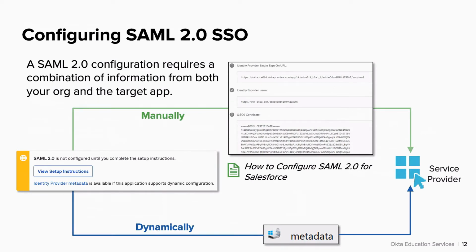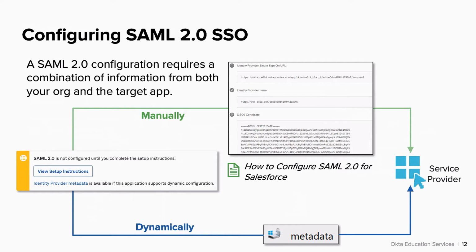Now, when configuring the service provider application for SSO, there are a couple of different options that you could take advantage of. You'll notice in the screenshot on the lower left a button that says View Setup Instructions. When you click there, you will get a list of instructions as to how to go about setting up the service provider application for SAML 2.0.